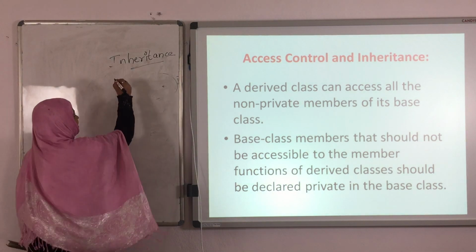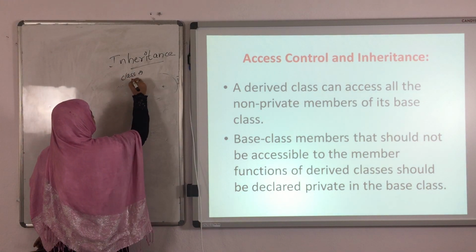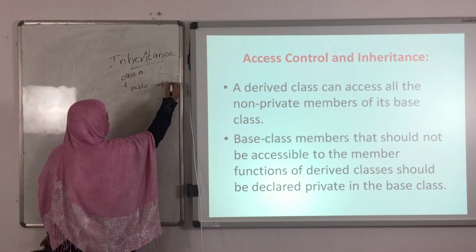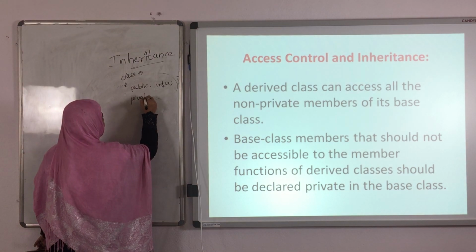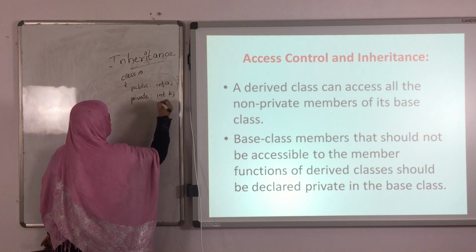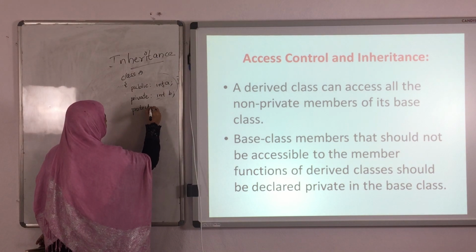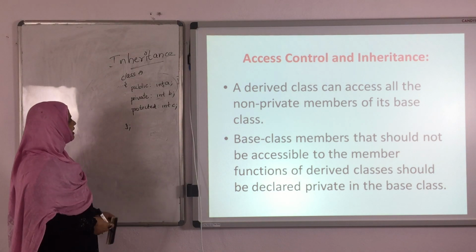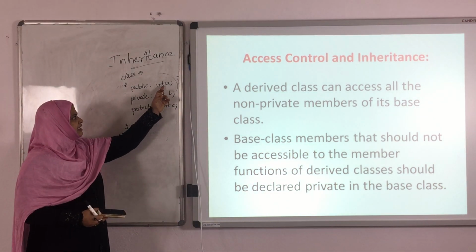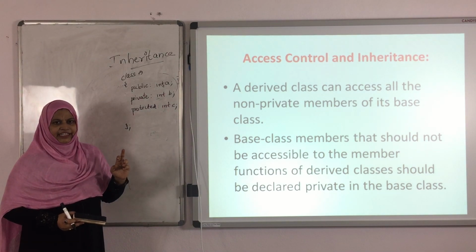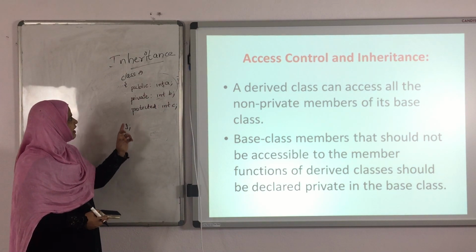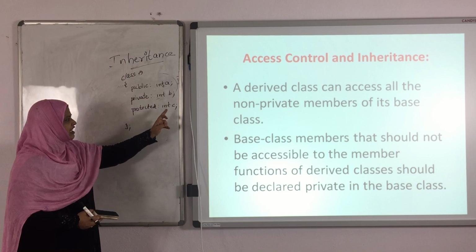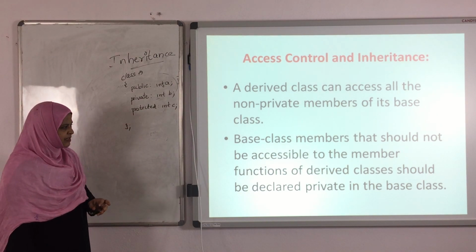Here, class A is there, with public int A, private int B, protected int C. This is class A. Class A has three data members, int A, B and C. A is in the public access specifier mode, B is in the private access specifier mode, and C is in the protected access specifier mode.